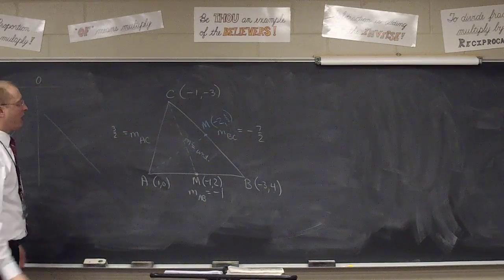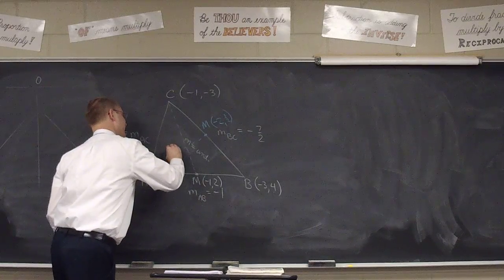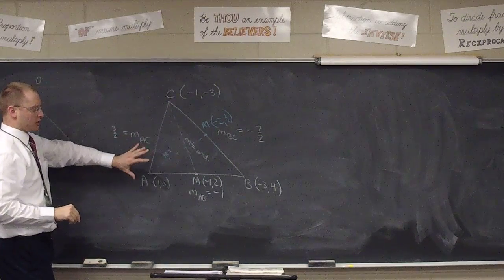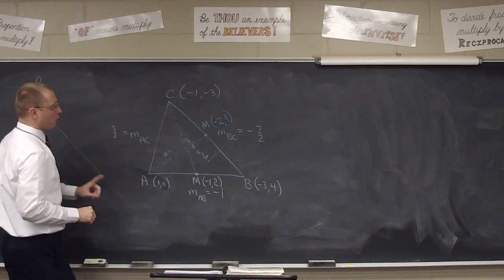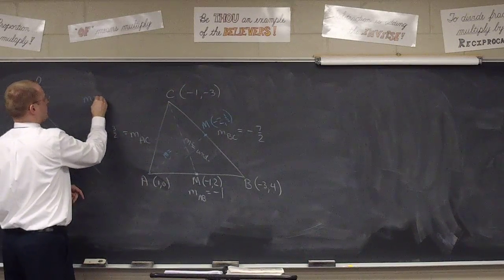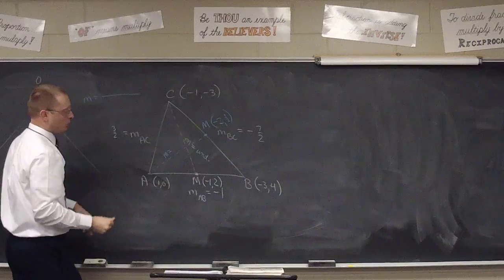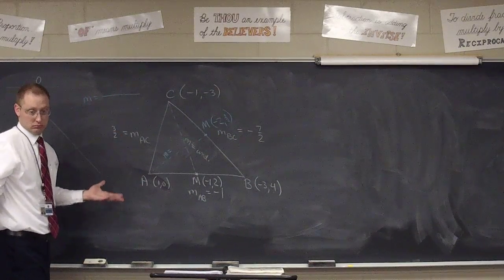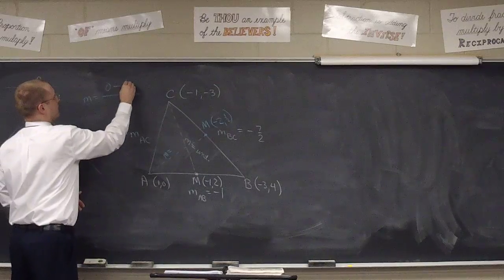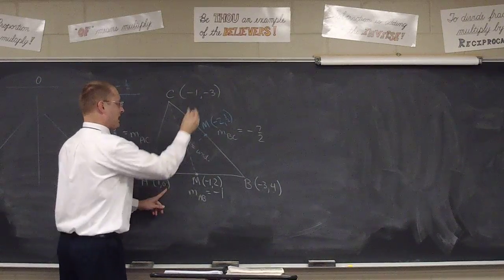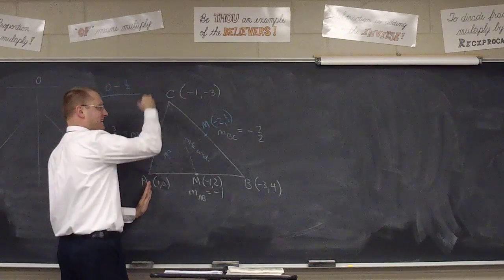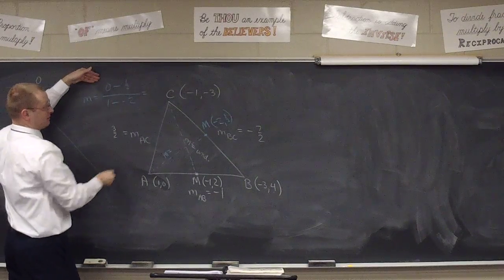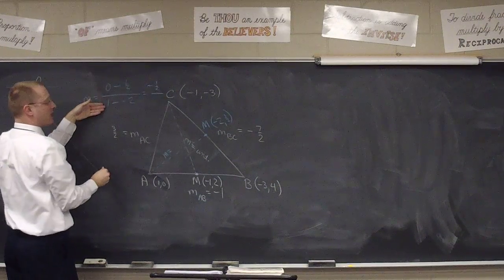All right, here we go. Let's go and find the slope here. And again, fractions can be a little bit obnoxious, so let's refresh our memory how to work with them. We're still going to say that the slope is equal to the change in y over change in x. Well, I can either say 0 minus 1/2 or 1/2 minus 0. 0 minus 1/2, all right. And then if I'm going to say 0 minus the half, I have to say 1 minus the -2, which is going to give me in my numerator -1/2, and in the denominator, 3.